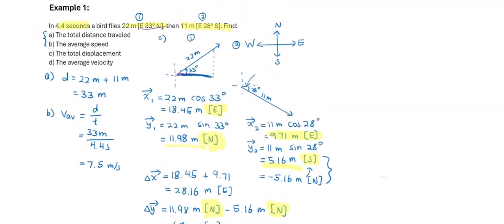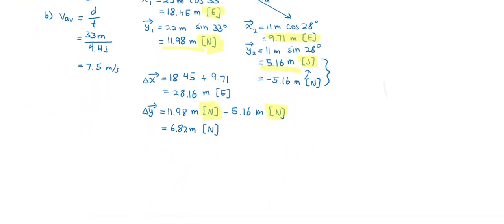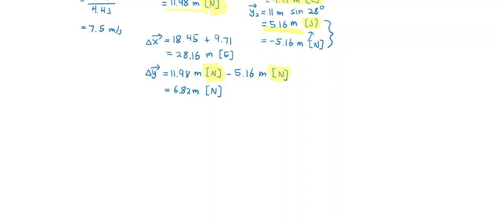And now what we need to do is they're asking for total displacement. So if we draw this out, what our resultant components look like, this is going east, 28.16 meters, and then north, 6.82 meters. So you'll notice that this is actually a right angle triangle, and to find the resultant displacement, you're just going to use Pythagorean theorem.